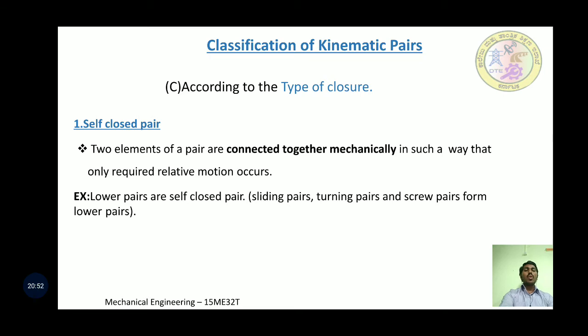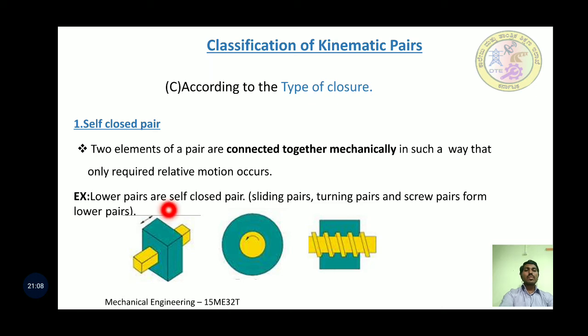Example, lower pairs are self-closed pairs. Sliding pair, turning pair and screw pair form the lower pairs. In the figures, this shows a sliding pair, this shows a turning pair, and this shows a screw pair.